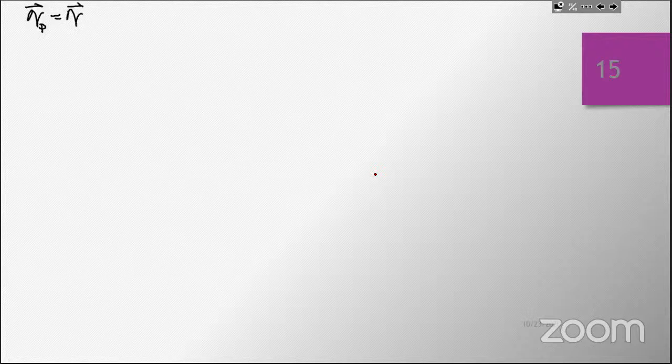The velocity of some random point is equal to the velocity of some point on there that I know, plus the velocity of the point that I want to know with respect to my known point. Okay. In this case, we know the velocity of B, and we want to find the velocity of D, right?